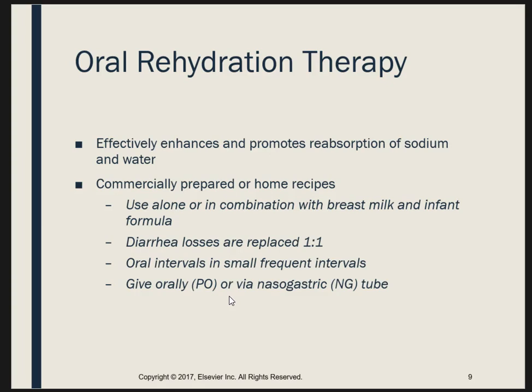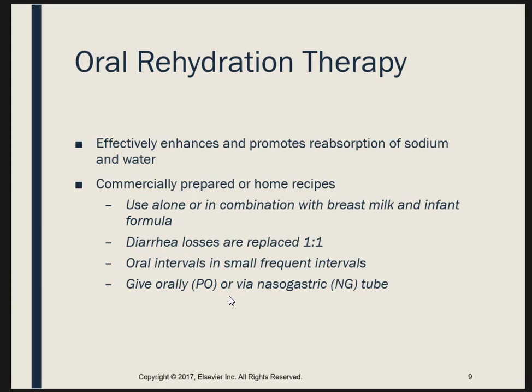So how much they give at once is going to be dependent upon that. If there is nausea and vomiting associated with it, it's going to be about a tablespoon every 15 minutes. If they're able to tolerate PO a little bit better, you can go a couple tablespoons at a time.